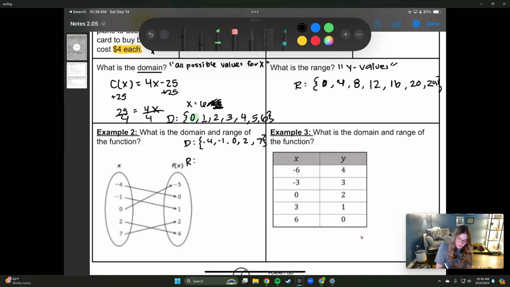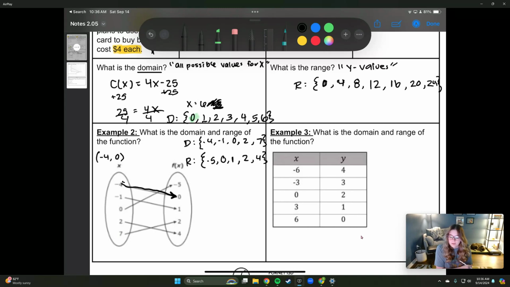It wants the range, which is all your y values. Here's all your y values. Now, if I was figuring out the coordinates, I would know that this one right here is -4, 0, because it follows to that 0 right there. But when you're telling me the range, you can go in order, just like we did here. So we're going to say -5, 0, 1, 2, 4.